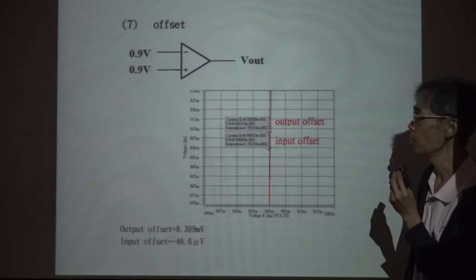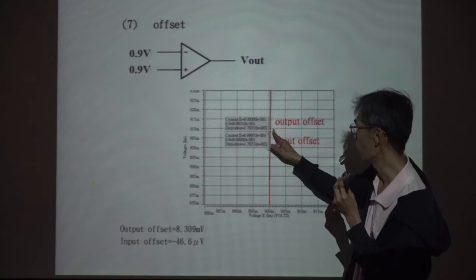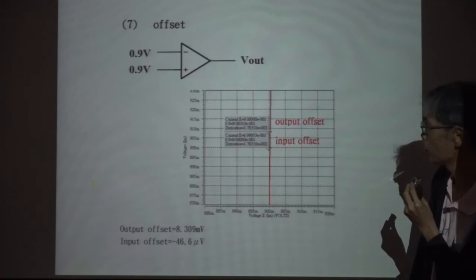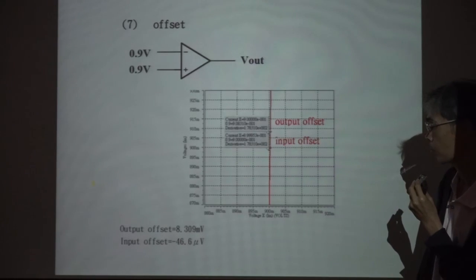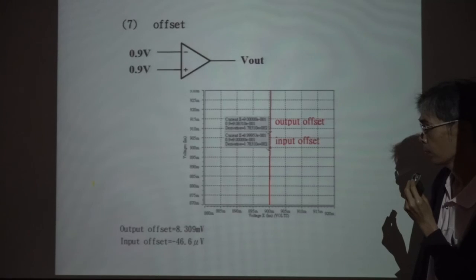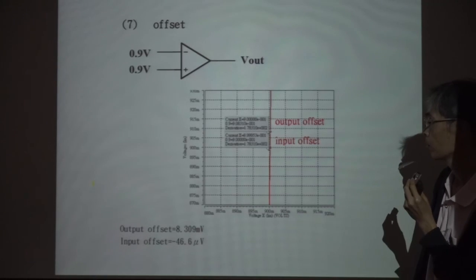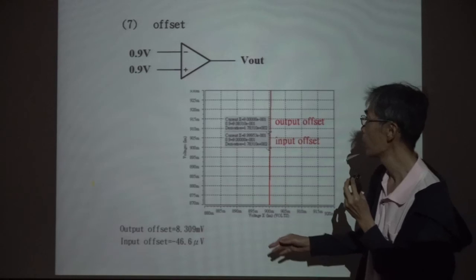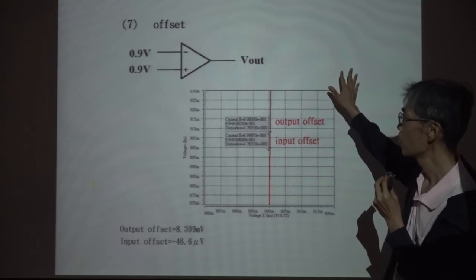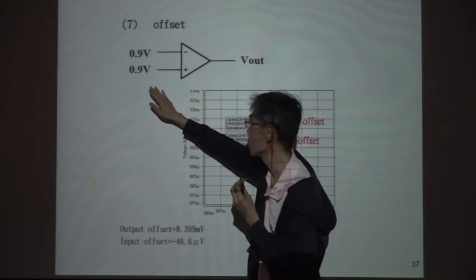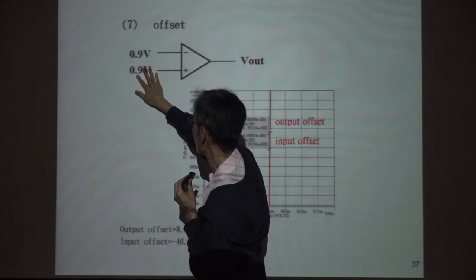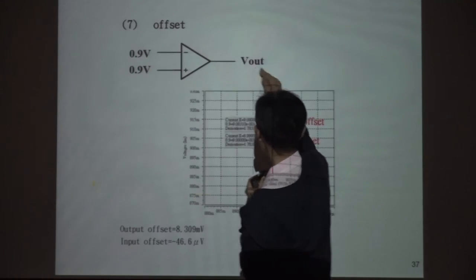But in reality, we have Vout offset. If you take this one as 0.9, you need to adjust this one to make Vout the same.